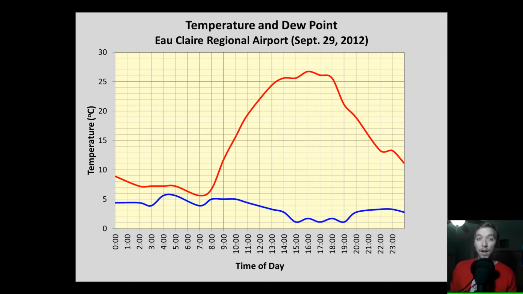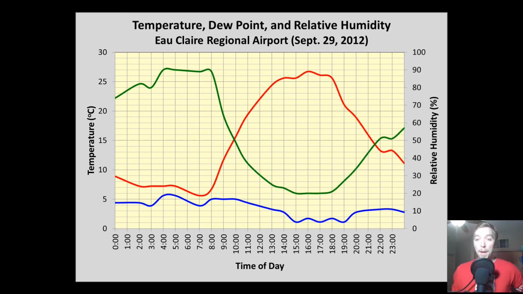Now we can see our dew point. It doesn't fluctuate nearly as drastically as our air temperature does. We can see a relatively flat dew point throughout most of the day here. And based on the rapid fluctuation and increase in surface air temperature and the relatively stable dew point, we can see how relative humidity changes throughout the day.